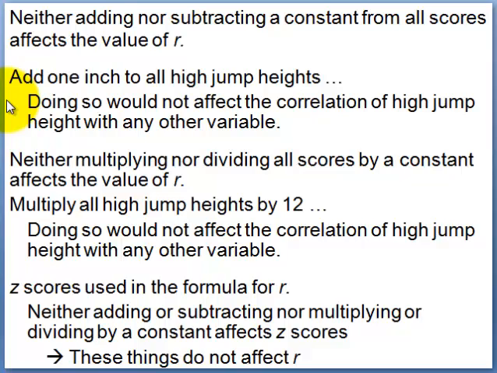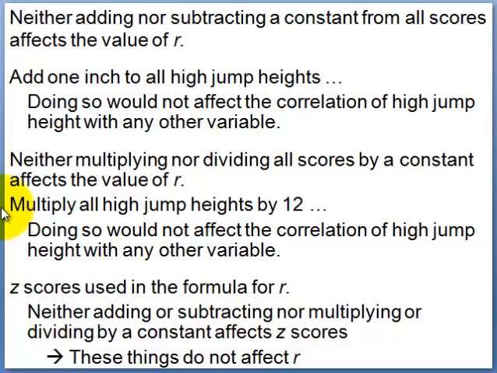Now similarly, you could take, for instance, high jump height, and you could multiply each person's high jump height or divide by a constant, and neither of those would affect R. So, for instance, perhaps you measured height in feet, but you think expressing height in inches would be more effective.